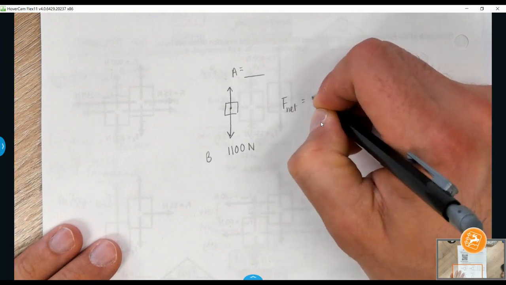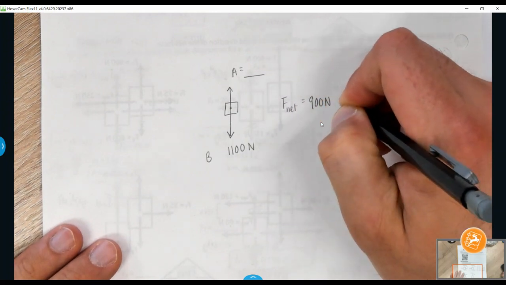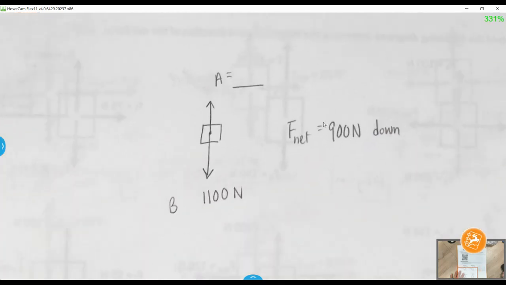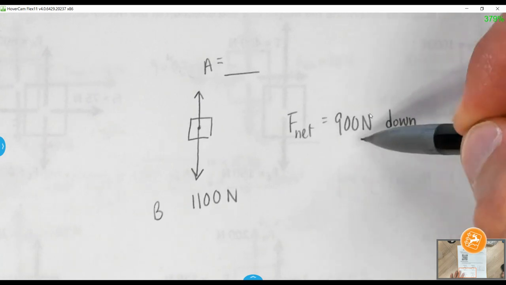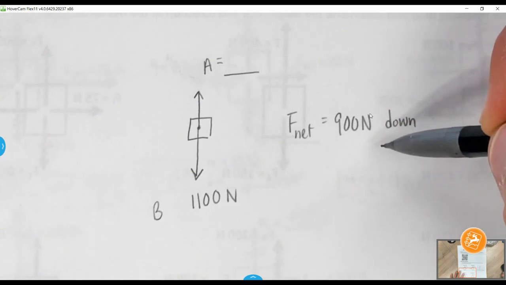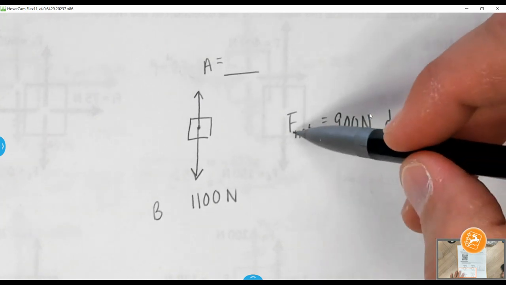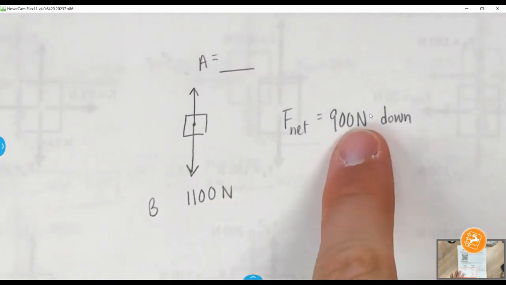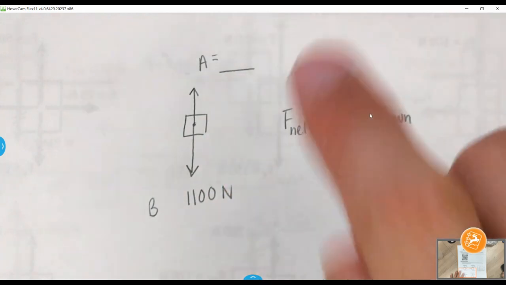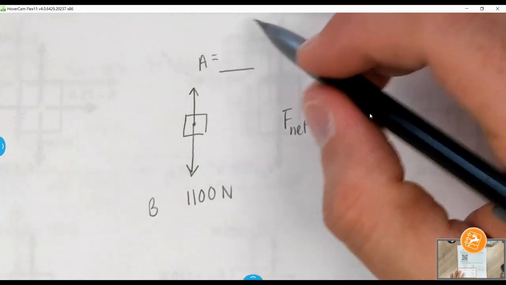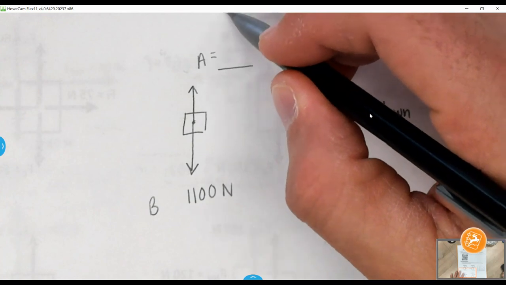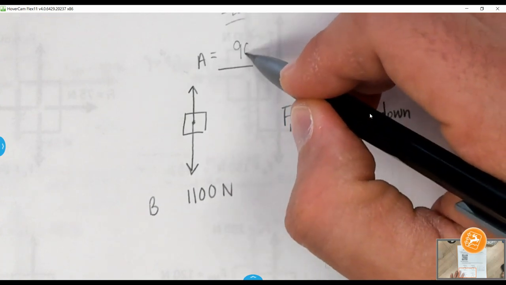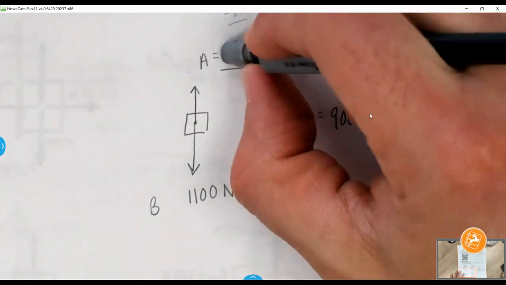The F net is 900 newtons down. What would A have to be in order to make this true? It would have to be 200, because they're telling us the net force, if it's 900 down, that means that this has to be 900 greater than this guy. So you're just subtracting 1100 minus, I'm sorry, 1100 minus 900.